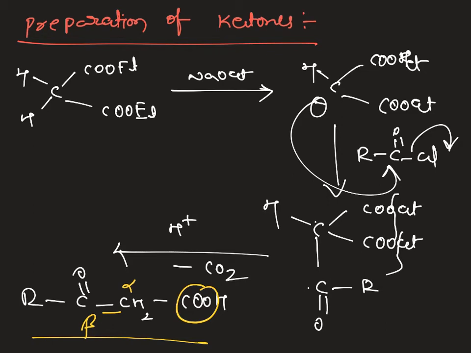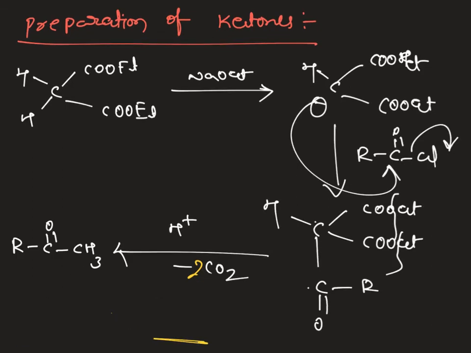So a total of 2 moles of CO2 will be eliminated. Finally we get ketones. In this molecule, the CH3 is coming from diethyl malonate and the RCO group is coming from acid chlorides. So depending upon the system, we can synthesize different methyl ketones by using diethyl malonate.